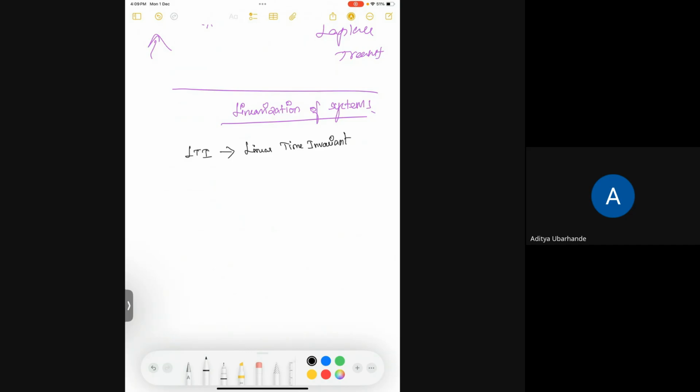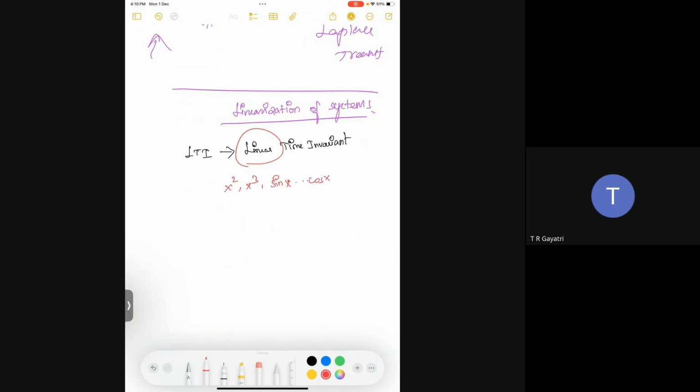We limit ourselves to linear time invariant systems. The hard part here is linear. So always the systems we took are linear. We never analyzed any system that is non-linear, for example x squared, x cube, sin x. We have never come across any system like this, right?